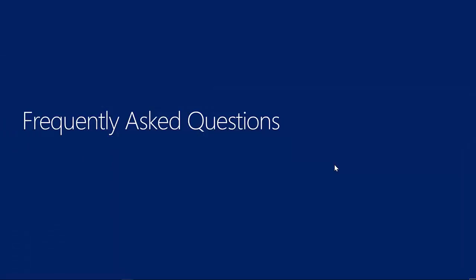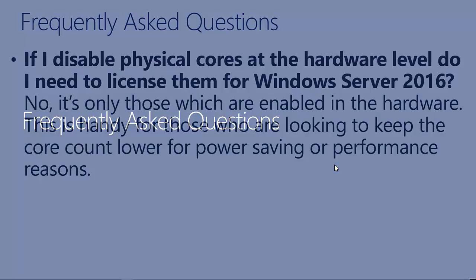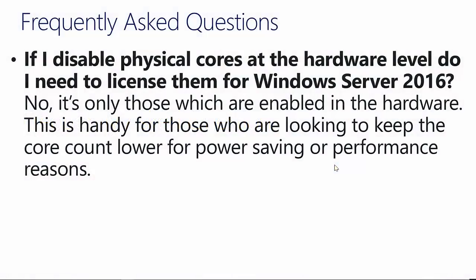So let's just recap a few of the frequently asked questions that we got during the roadshow. One of them that came up is, if I disable physical cores at the hardware level, do I need to license them for Windows Server 2016? And as you can see here, it says no. It's only those which are enabled in the hardware.